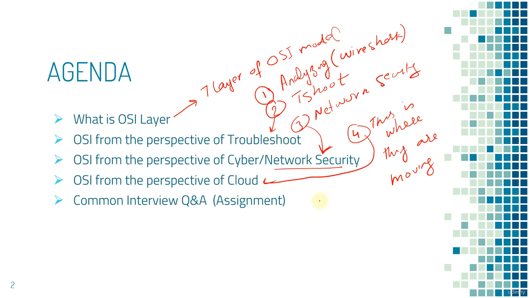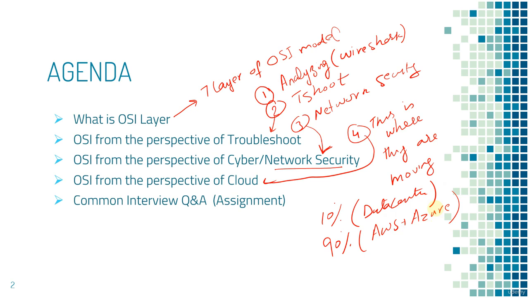They have about 10% data center physically in their location, but 90% they are using AWS and Azure. Just imagine the power of cloud. That is why we have included this cloud section in the same program.